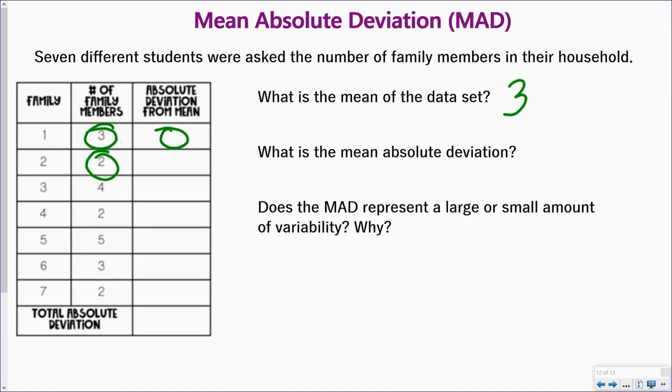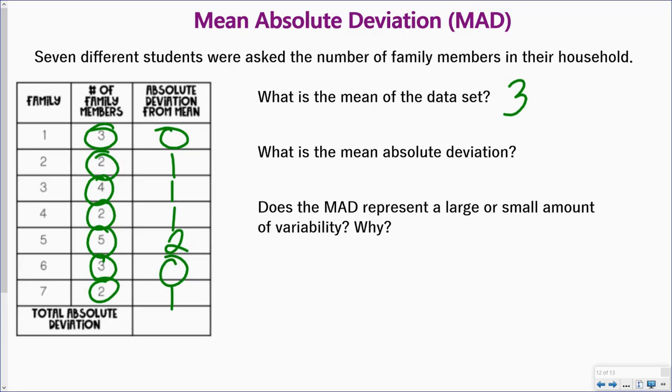My distance from 2 to 3 is 1. And then 4, distance again is 1. From 2 is 1. From 5, 3 to 5 is 2 spaces. 3 and 3 is 0. And again, 2 and 3 is a distance of 1.